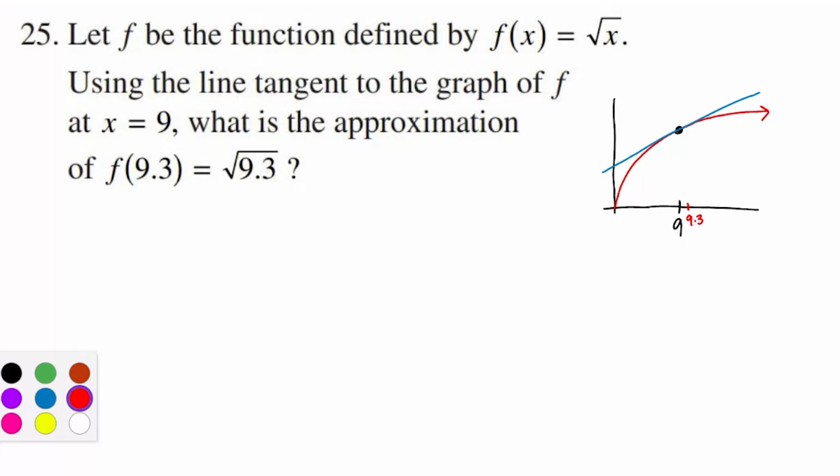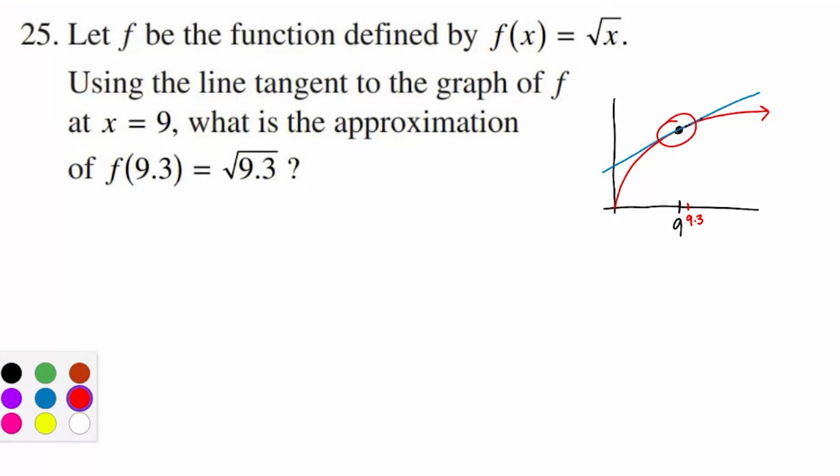Now, as you can see on the graph, the points right around x equals 9 on that tangent line are going to be very close to the points on that square root graph, which makes this technique very useful.